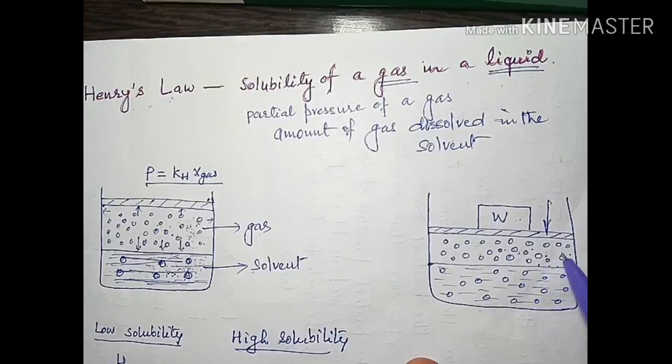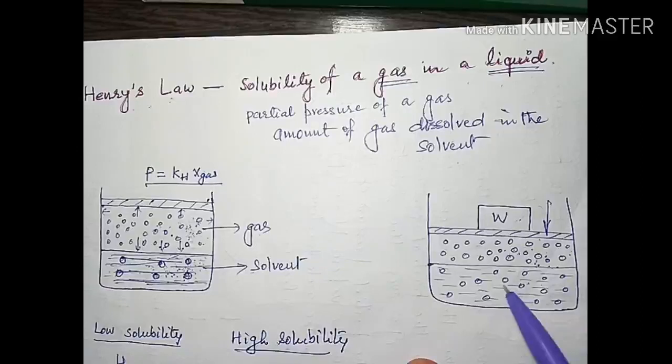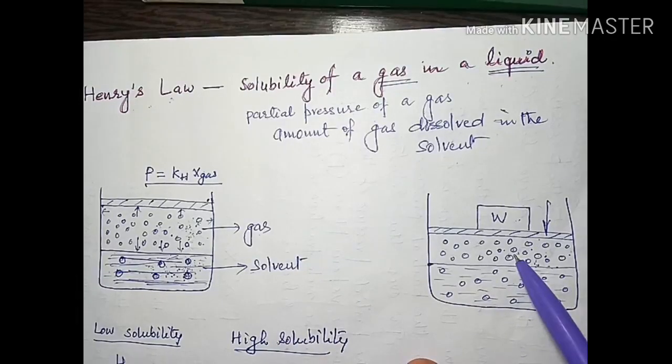So the number of particles striking the walls of the container as well as the liquid surface will increase per unit time, and hence the solubility of the gas in the liquid will increase. More particles will come into the solution when the pressure is applied.